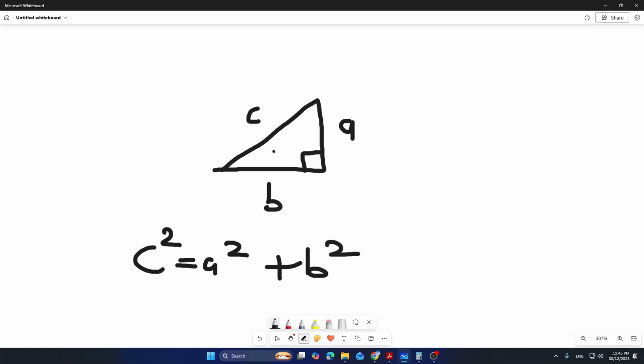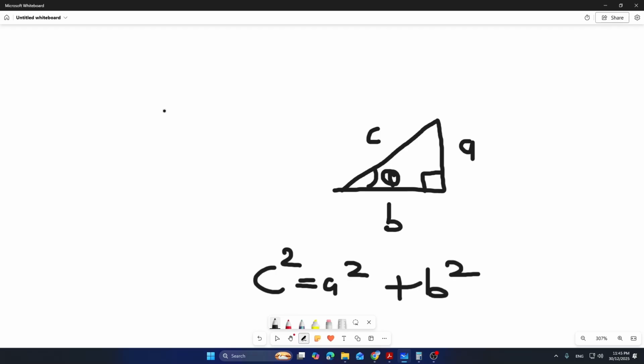We know the sum of angles in a triangle is 180 degrees. Now let's take this angle for example. Let's say this is theta. The longest side, which is C by the way, is what we call the hypotenuse.